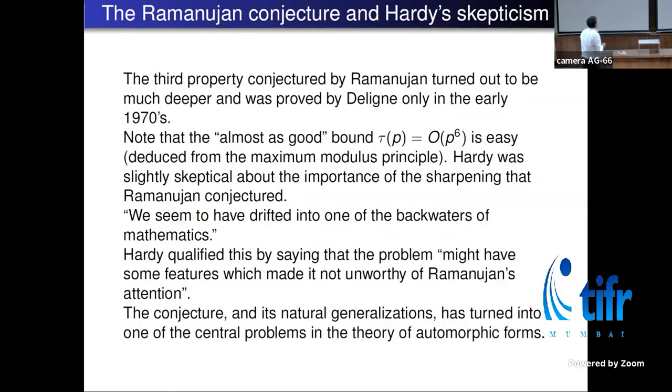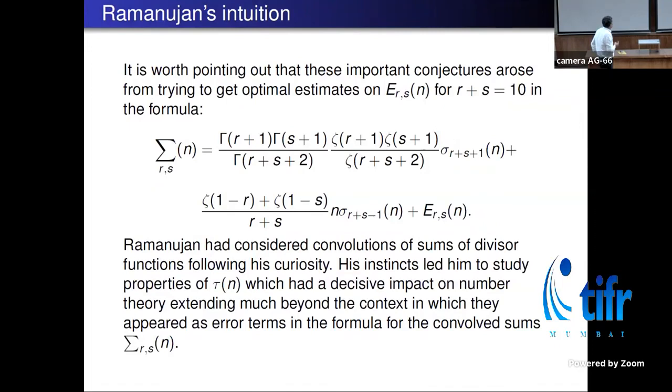Hardy was skeptical about the importance of this sharpening, and he said we seem to have drifted into one of the backwaters of mathematics. But he qualified this by saying that the problem might have some interest because Ramanujan had identified it as an interesting thing. On the other hand, the conjecture and its natural generalizations have turned into one of the central problems in the theory of automorphic forms. Right? So Ramanujan was pretty prophetic in terms of latching on to this property.